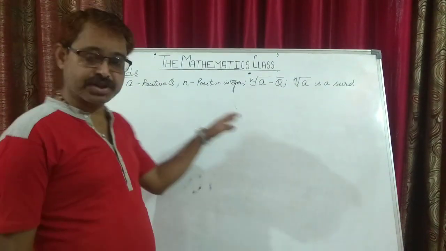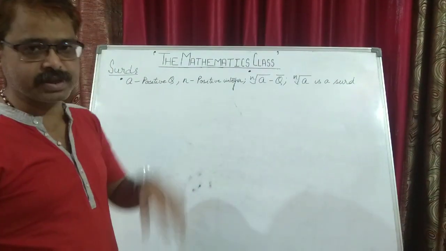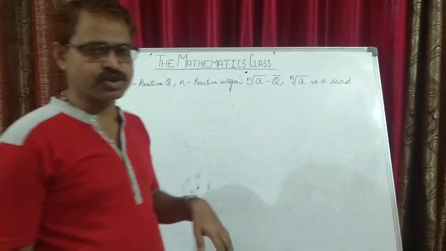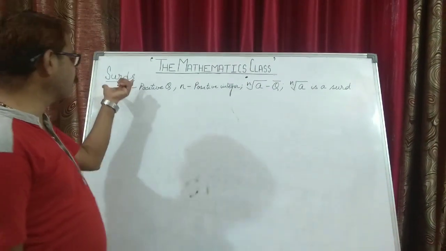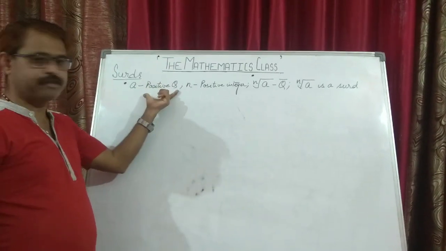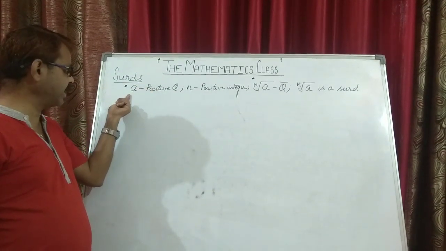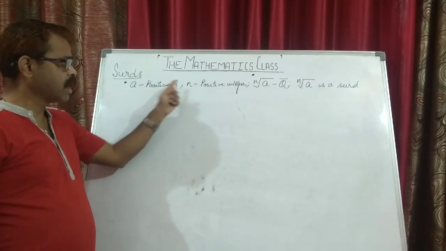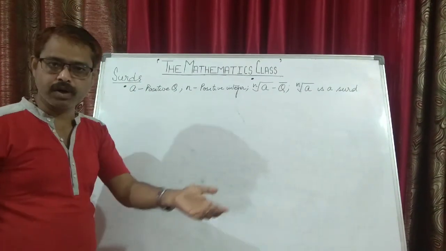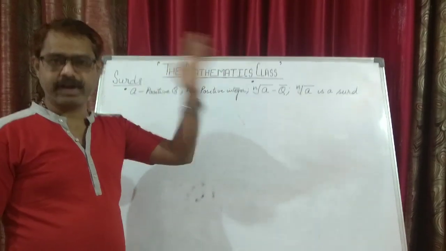So first of all, the question is, what are surds? This is a new thing, I think. Initially it was there in the syllabus, but later on it was not there. Now what are surds? If A is a positive rational number, Q stands for rational number, and N is any positive integer, I hope you all know integers, the positive integers 1, 2, 3, 4 and up to infinite.